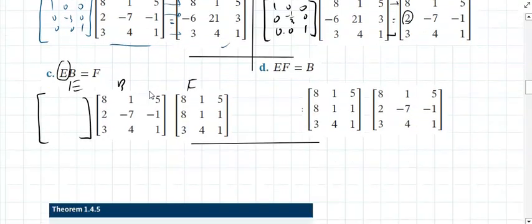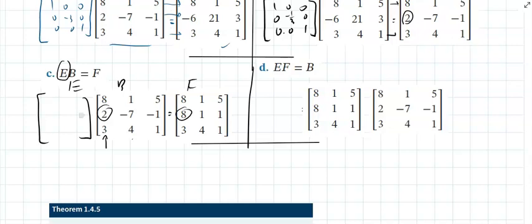So in this case, they're saying this is elementary. Again, you can't always find an elementary operation, otherwise life would have been easy. To get an 8 right there, I could have multiplied this by 2 and added to that. Would that work on this 8 and 2?